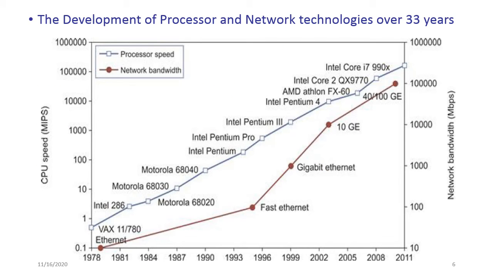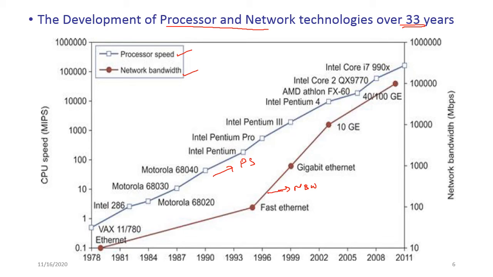This diagram explains the development of processor and network technology over the past 33 years. Here we have two line graphs. The first one is processor speed and the second one is network bandwidth.